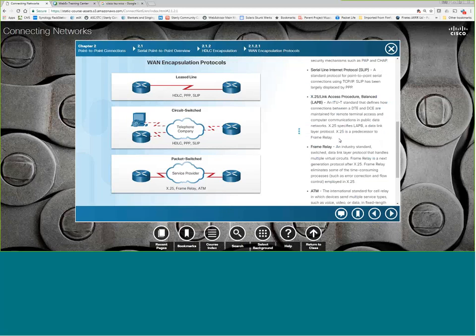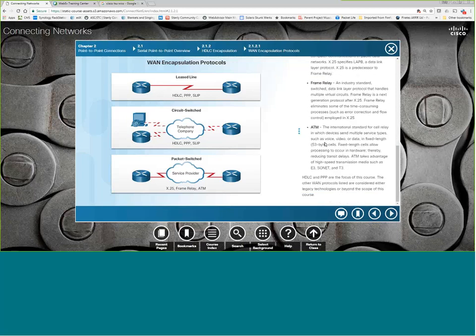But it had so much error checking that it actually slowed it down. Frame Relay took X.25, ripped out all the error checking and some of the flow control, and became a protocol that was much faster. And Frame Relay connections are still in use today.